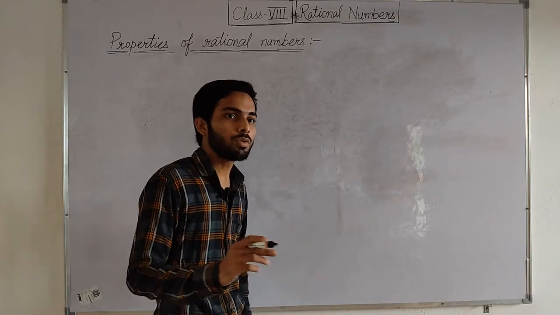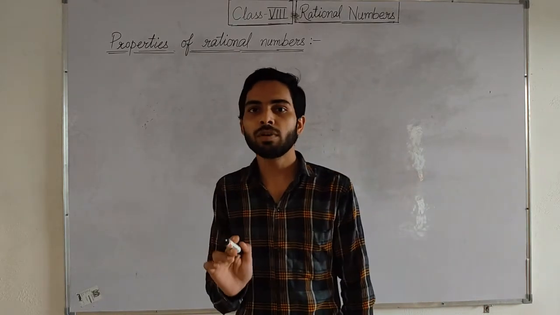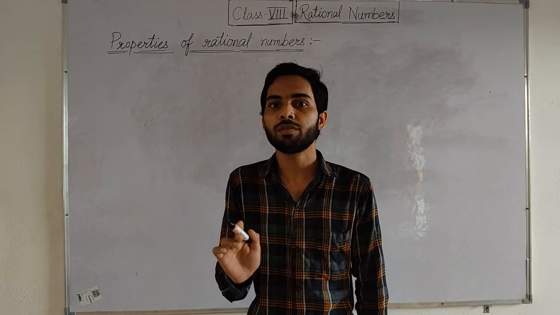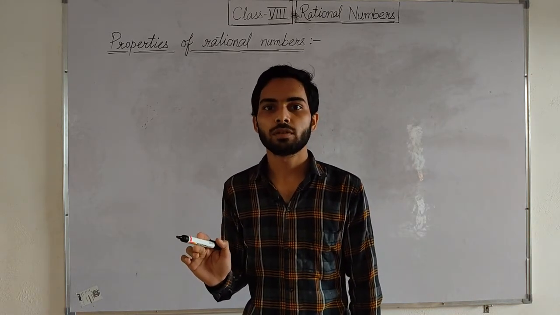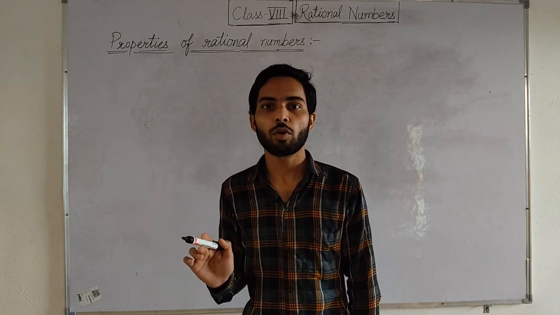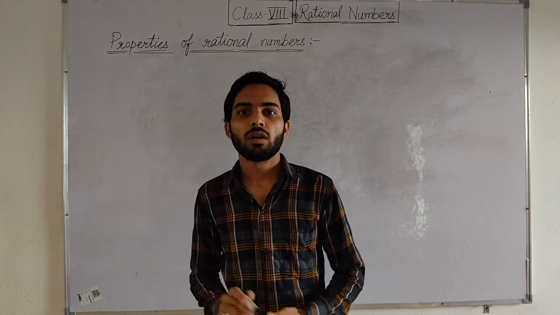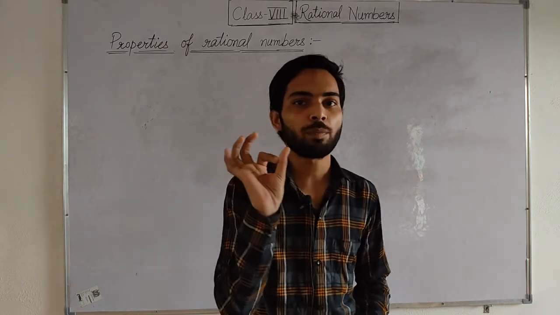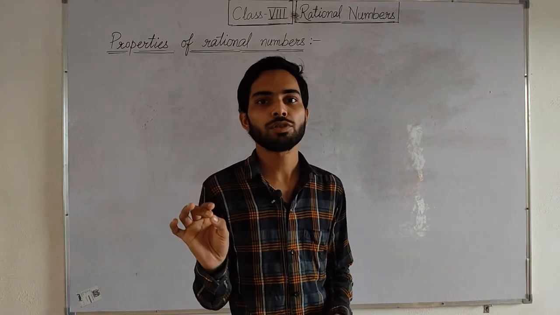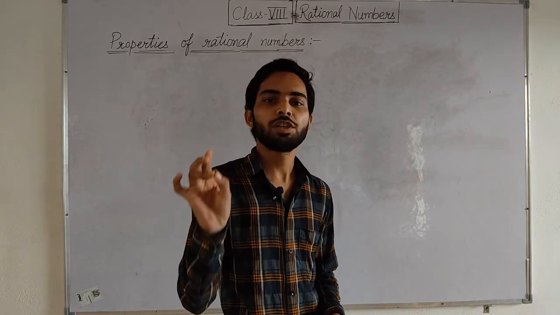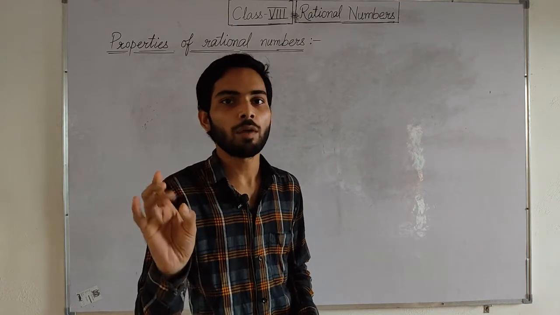My dear students, you have studied properties of whole numbers and properties of integers in your previous classes. In class 6th you studied properties of whole numbers, and in class 7th you studied properties of integers. Those properties are the closure property, the commutative property, the associative property, and the distributive property, and also the property of 1 and the property of 0.